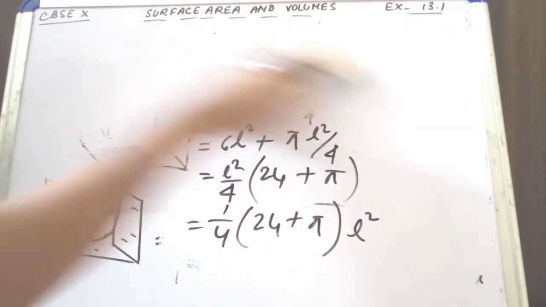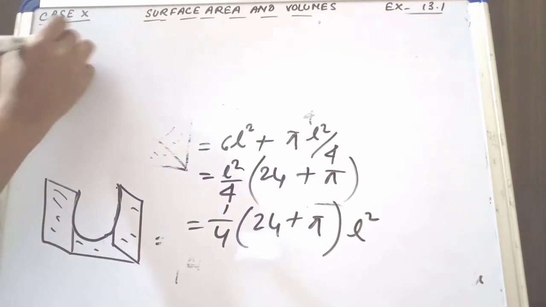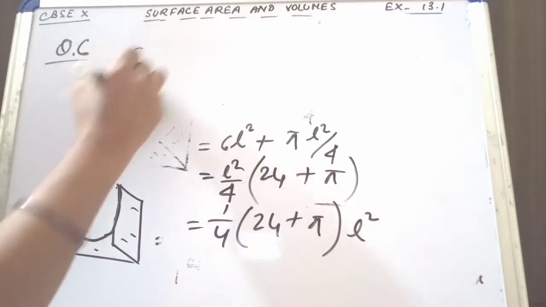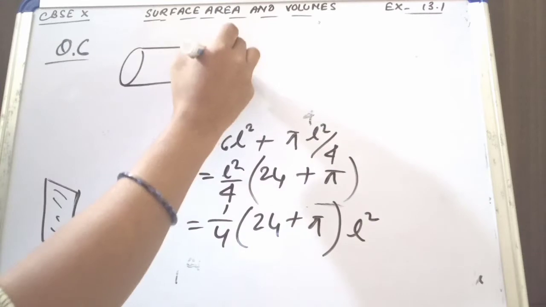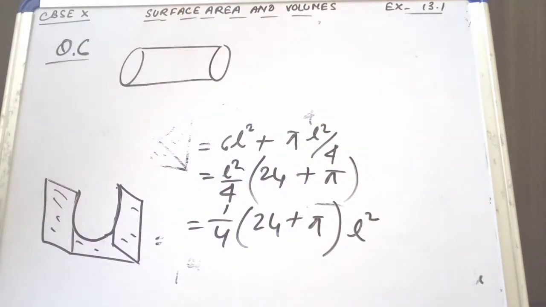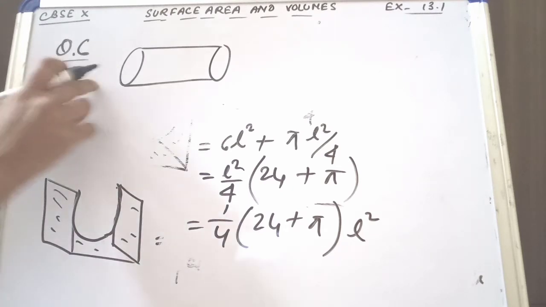So they had told us the medicine capsule is in the shape of a cylinder, with two hemispheres stuck to each of its ends.